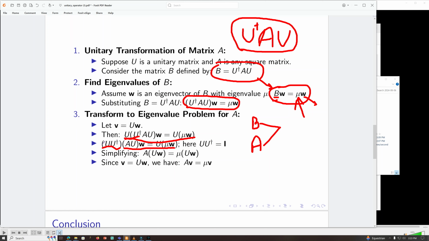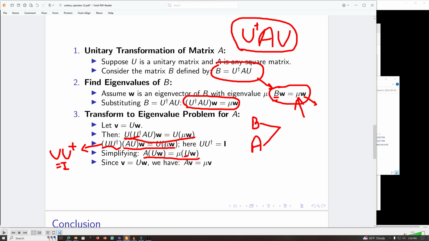And since, if you remember, we have defined U as a unitary matrix, and a unitary matrix, when it multiplies with its Hermitian conjugate, gives us an identity matrix, this part becomes I, and this expression converges to this expression. Here I have just arranged the position of U.